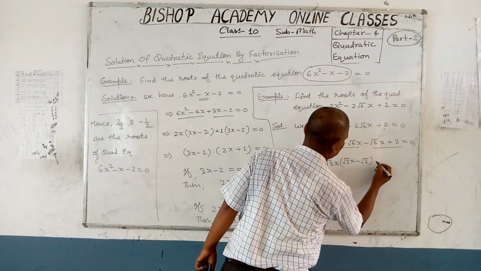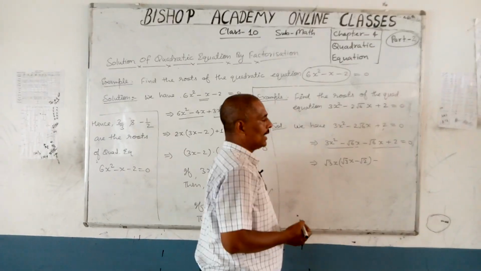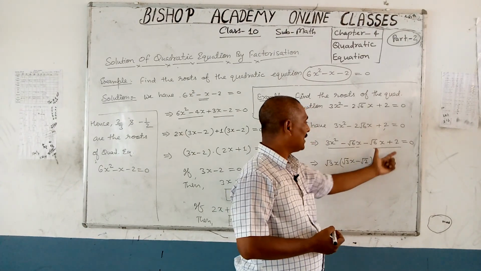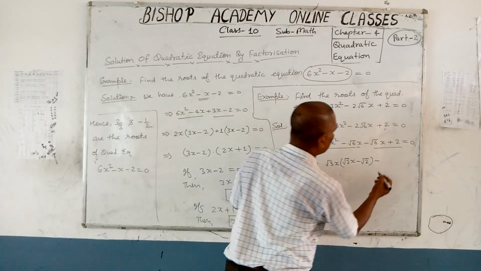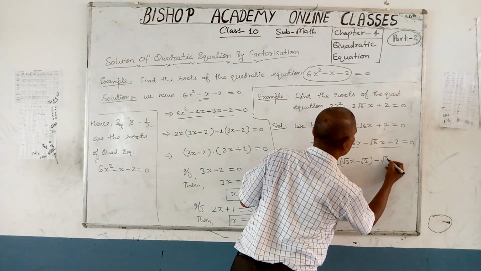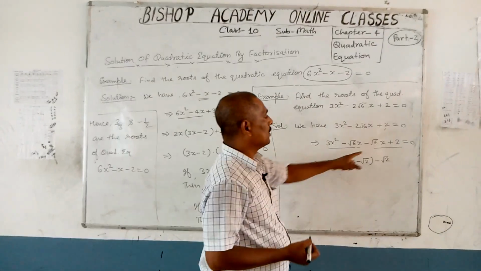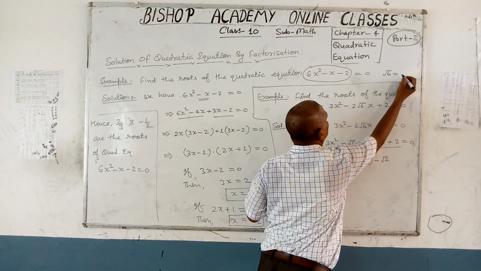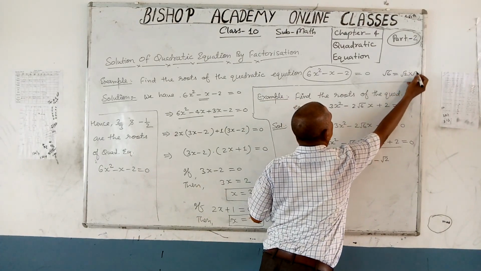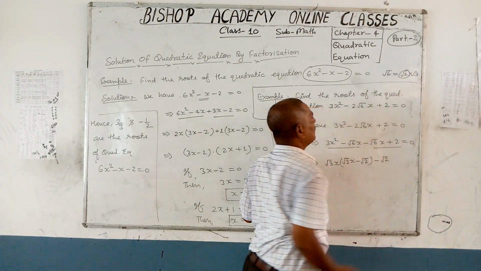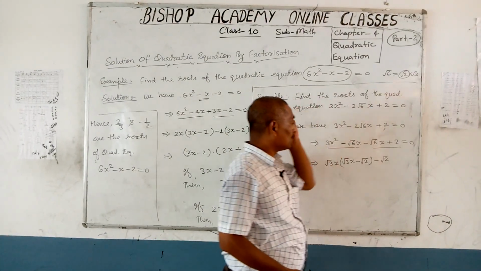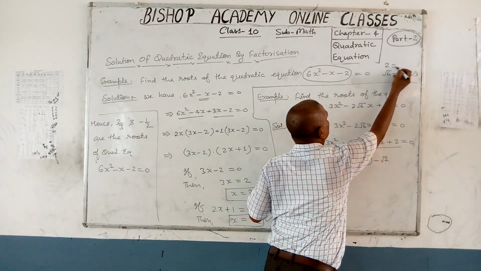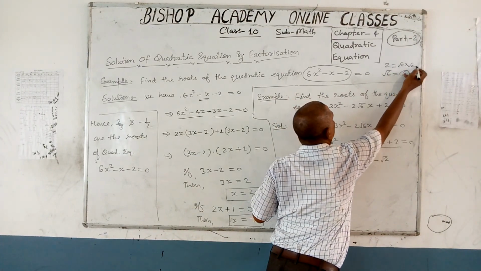In the last two terms, see what is the highest common factor. The highest common factor of last two terms will be under root 2. This root 6 can be written as root 2 multiply root 3. So root 2 is a factor of root 6 and 2 can be written as under root 2 multiply under root 2.